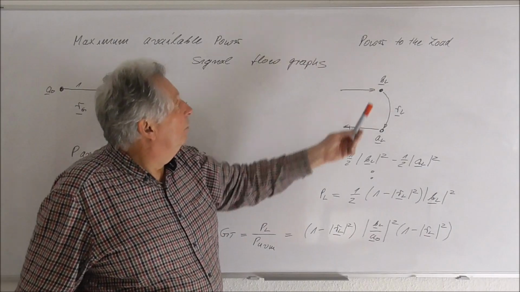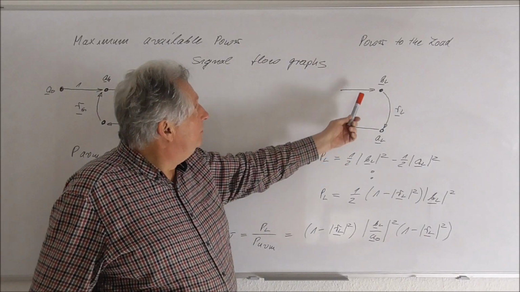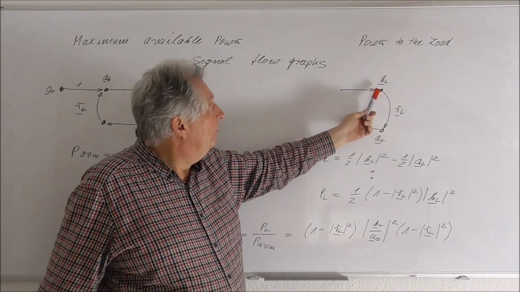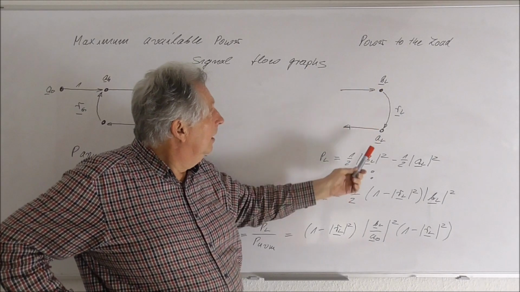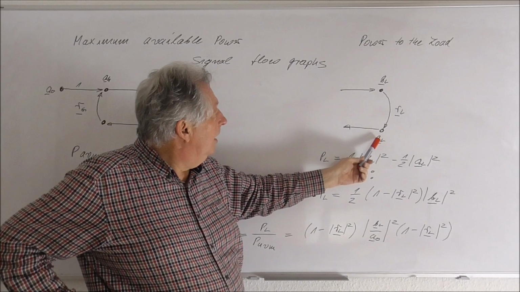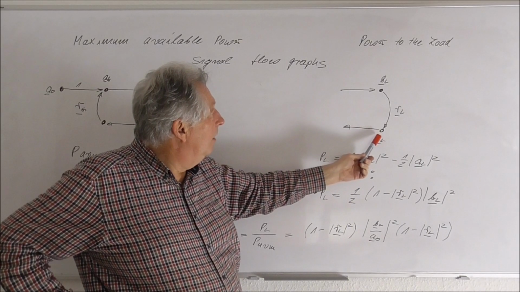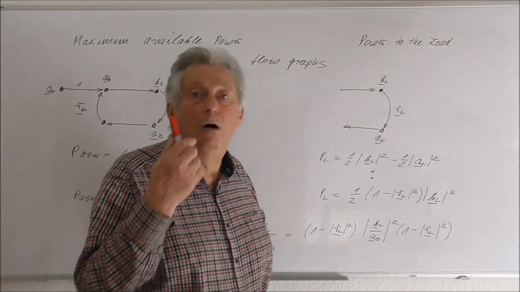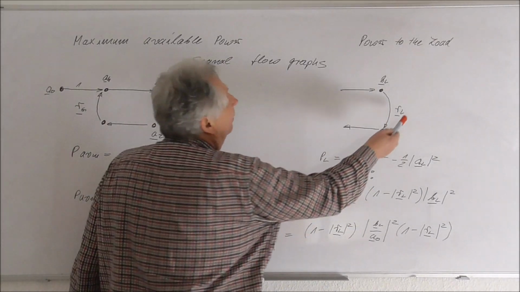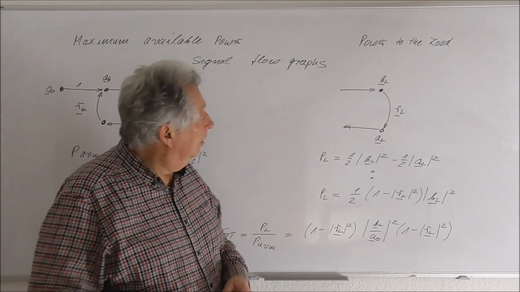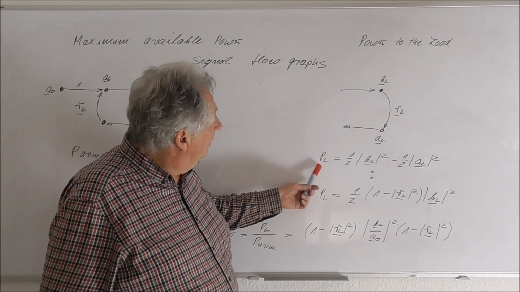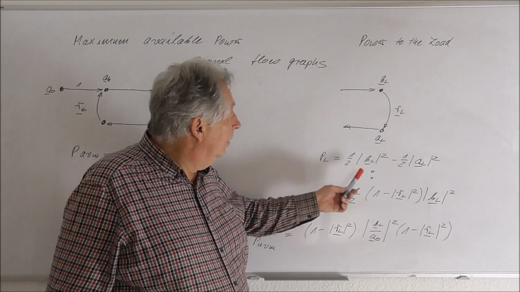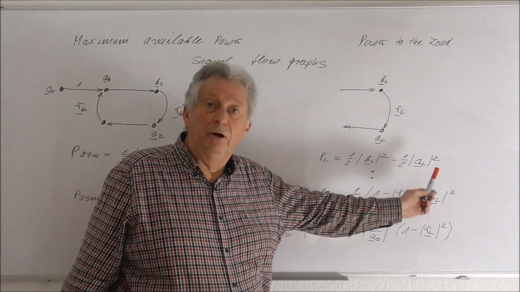The power to the load is much easier to calculate. Also here I assume that I have the wave amplitude BL, and the wave amplitude AL will describe the power which comes out of the load. And also here I assume an arbitrary reflection coefficient of the load. Again, to calculate the power of the load, I must calculate the difference.